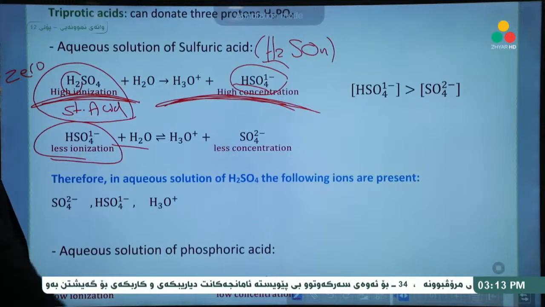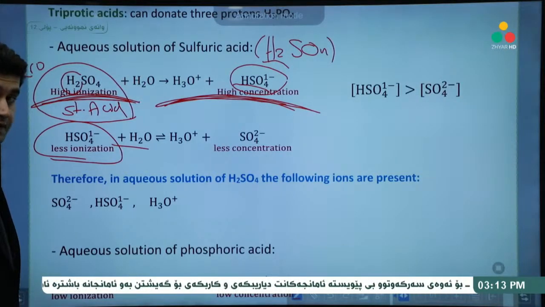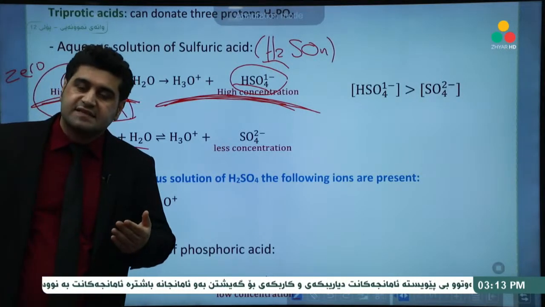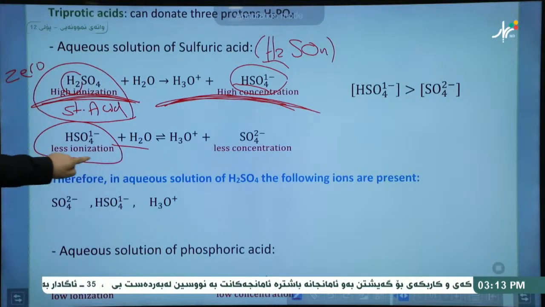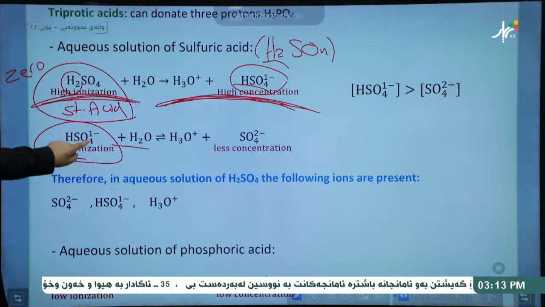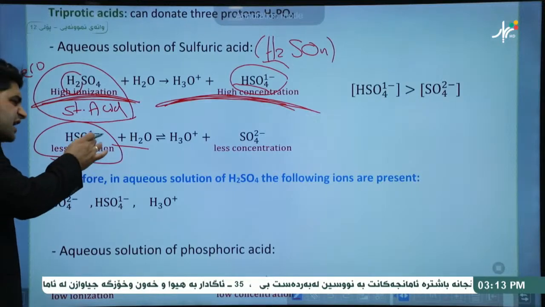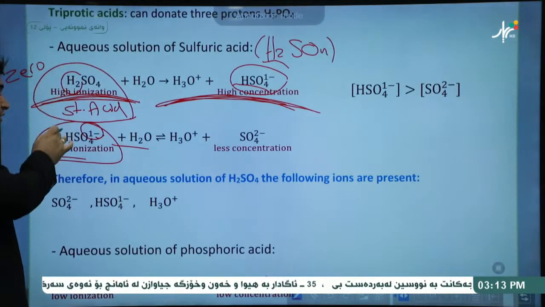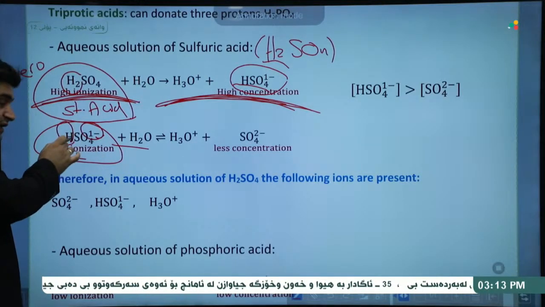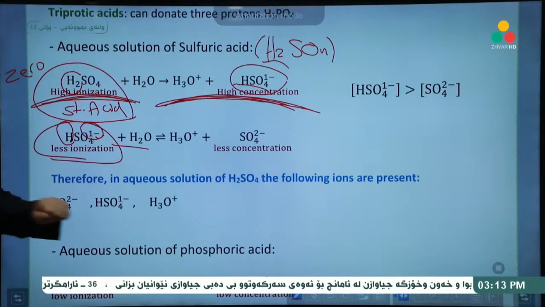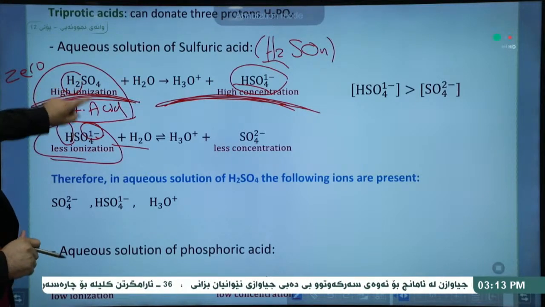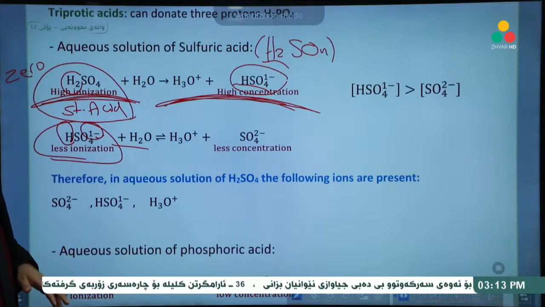HSO4 plus H2O. Look, the second step always has lower ionization power. And here we have less ionization. Why? Because of its negative charge of 1. Releasing that hydrogen under the force of that negative charge is too difficult. But in the first step it's neutral, so releasing the first hydrogen is easy.